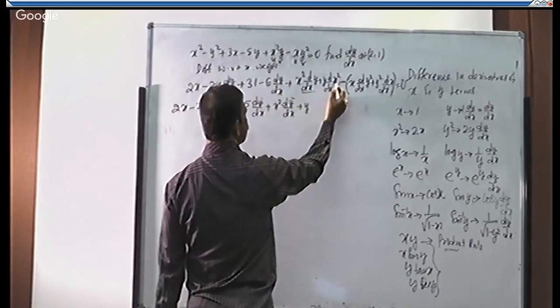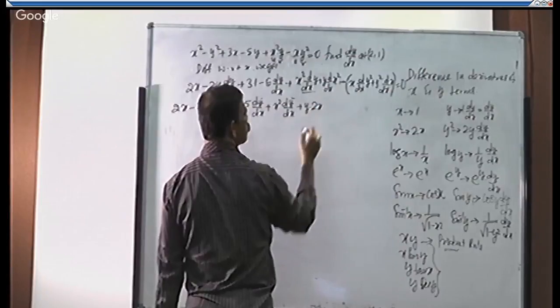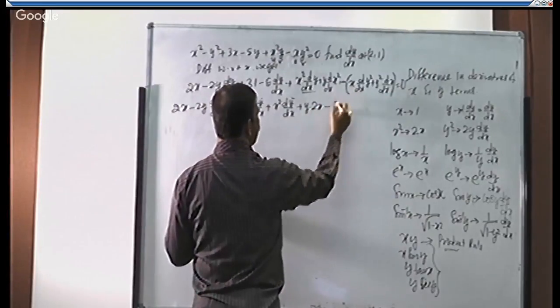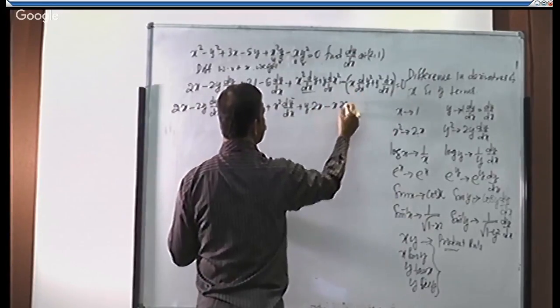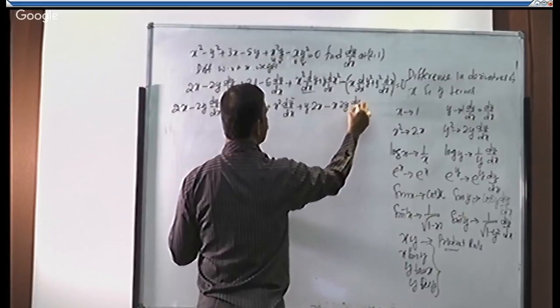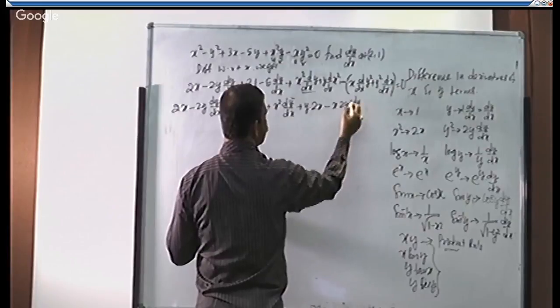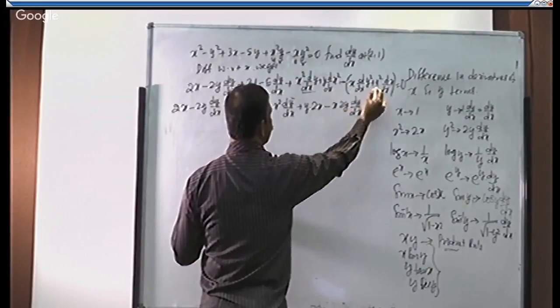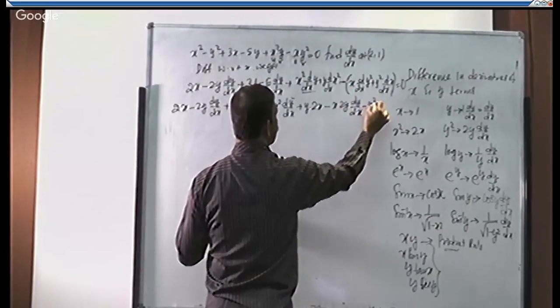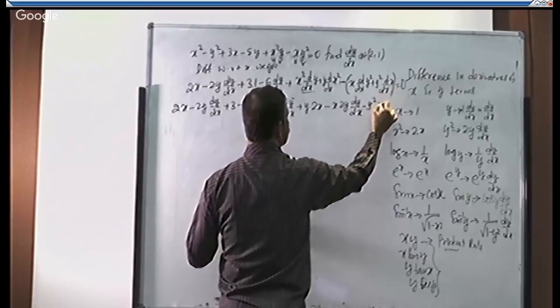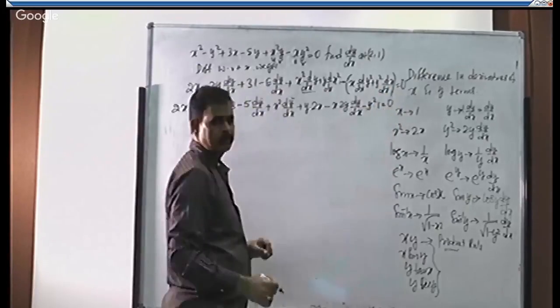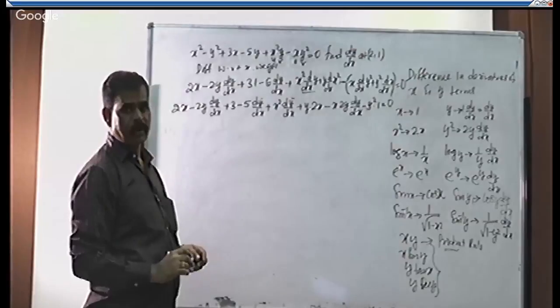Then differentiation of x square is what? 2x minus x into, for y square it is 2y into dy by dx, correct? For y square it is 2y into dy by dx. Minus into plus minus y square into differentiation of x is what? 1. So differentiation is over.